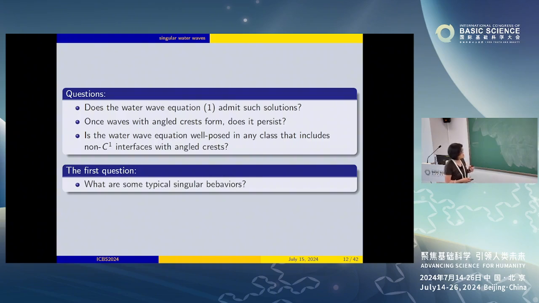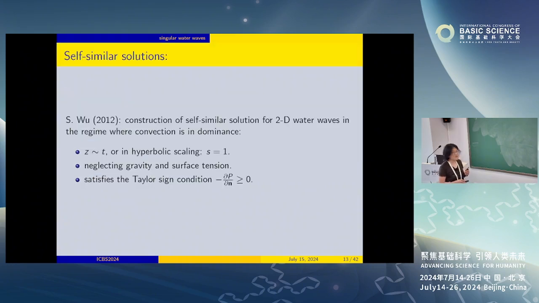The first thing we want to understand is what are some typical types of singular interfaces. Again, we are going to think about self-similar solutions, because of the importance Tarek has just explained. And we see self-similarities. In fact, in physical motion, if you watch the phenomenon for a long time, it does assume some kind of self-similarity.